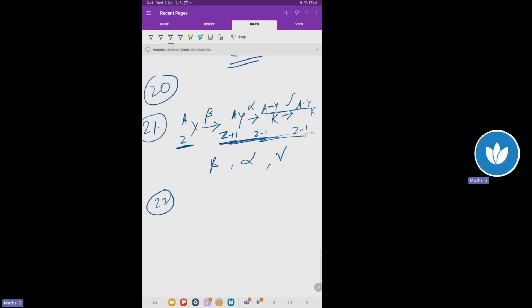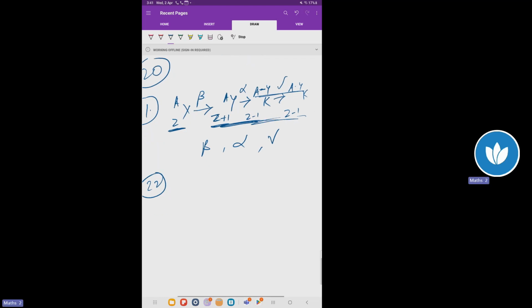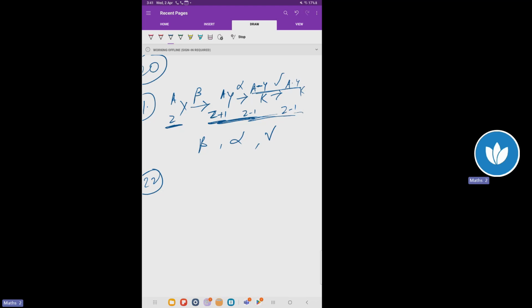22. The figure shows a roughly approximated curve of binding energy per nucleon with mass number. W, X, Y and Z are four nuclei indicated on the curve. According to this curve, the process that would release energy is the one which creates more stable nuclei. Y to 2Z: Z is less stable, so it will not emit any energy.